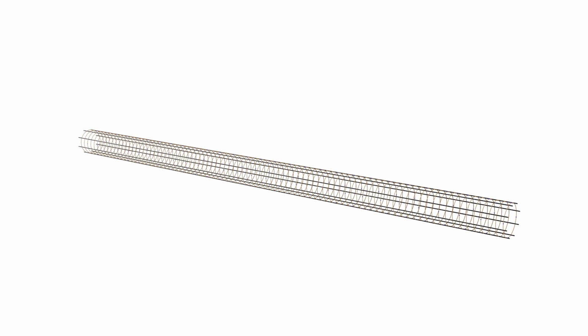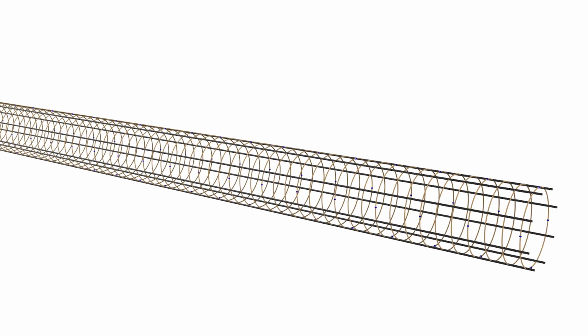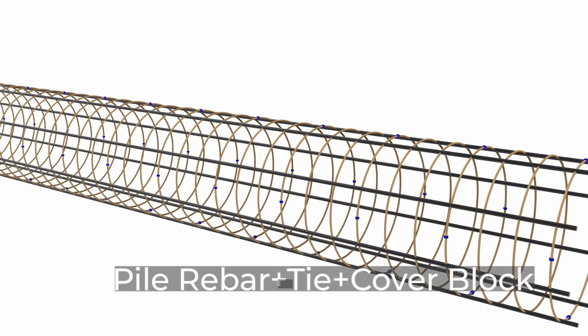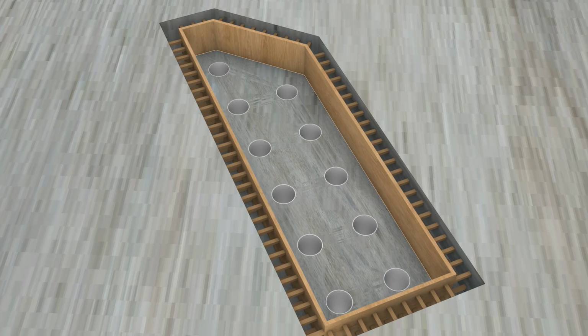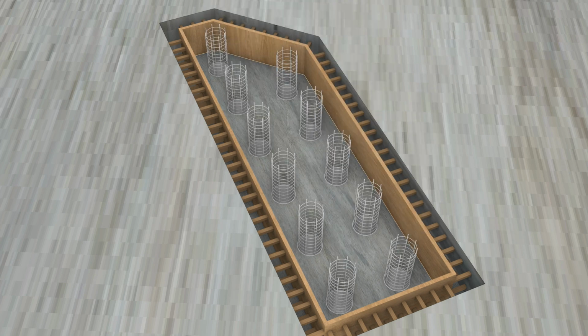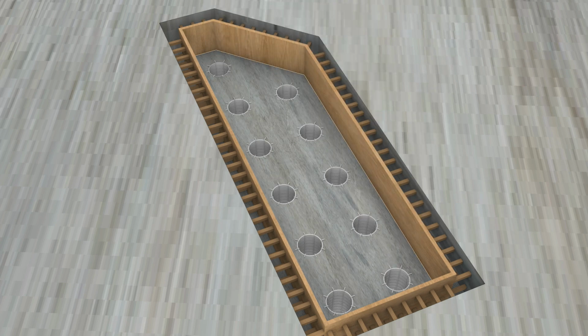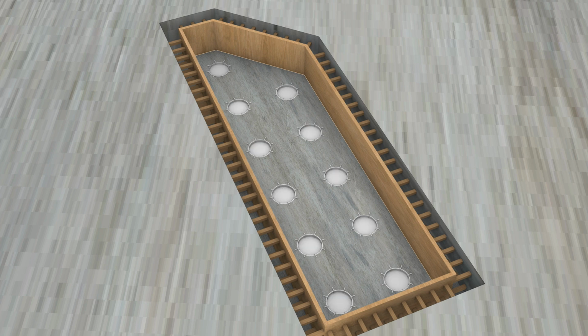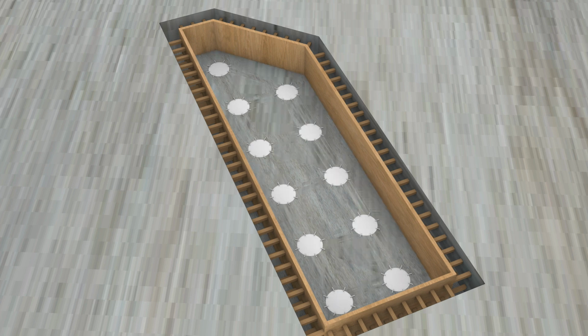After the casing is in place, a rebar cage comprising pile rebar, ties, and cover blocks is lowered vertically by crane. Guide bars ensure the cage's precise positioning and vertical alignment. After placing the rebar cage, concrete is poured into the hole to complete the construction of the drill pile.